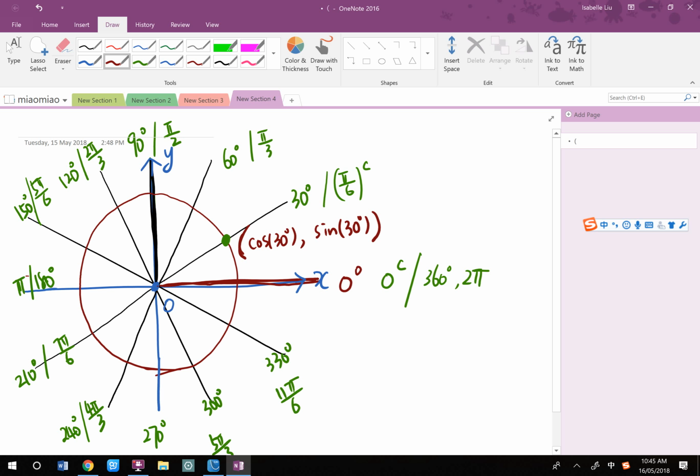That's the definition for sine and cosine. We draw the unit circle, we draw the angle line, and at the intersection, the cosine of that angle is the x value of the intersection. The y value represents the sine of that angle. So it's all the same.